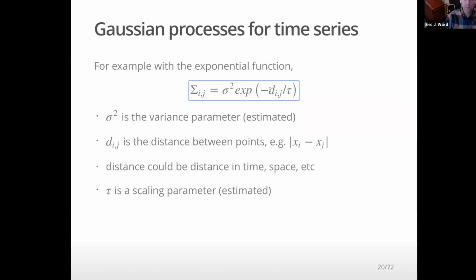It's the distance between points i and j. These could be space or time. What's great is that this simplifies the estimation approach. Instead of estimating a giant matrix, we're only estimating two parameters here, just sigma and tau. So very flexible. Some of the other kernels that I talked about have three parameters, but still it's not overwhelming.